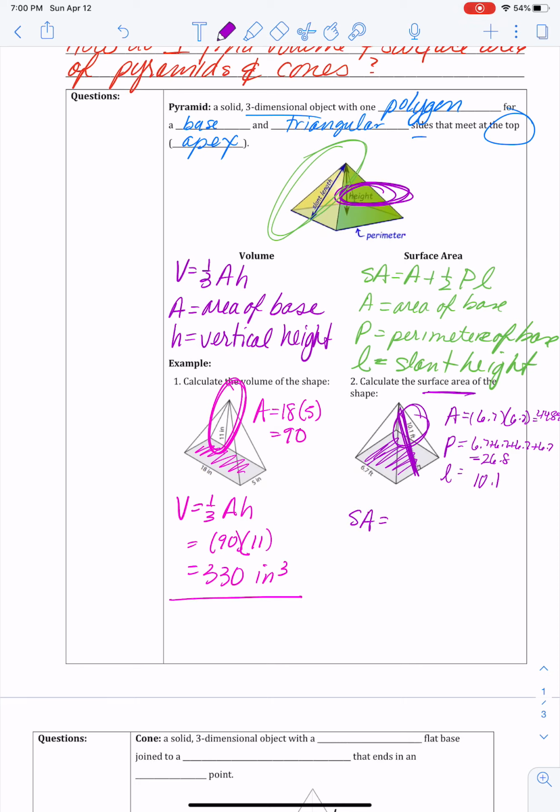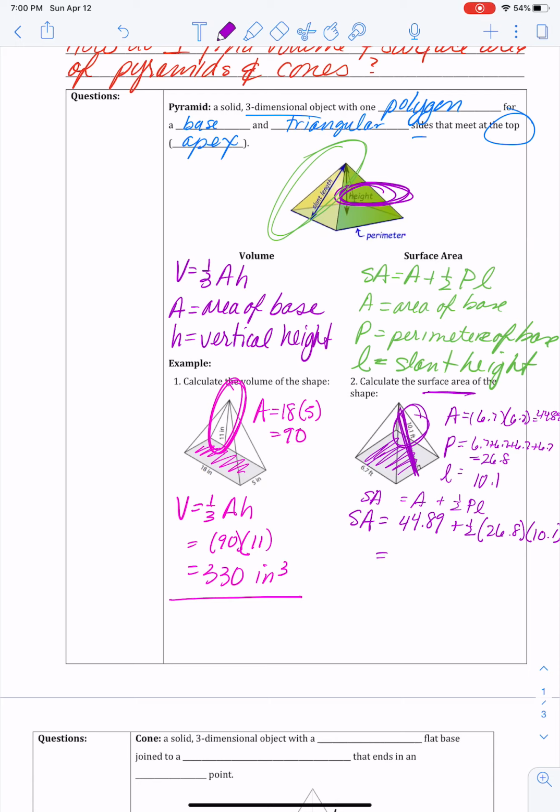So surface area equals the area, which is 44.89, plus 1/2 the perimeter times the slant height, plus half of 26.8 times 10.1.